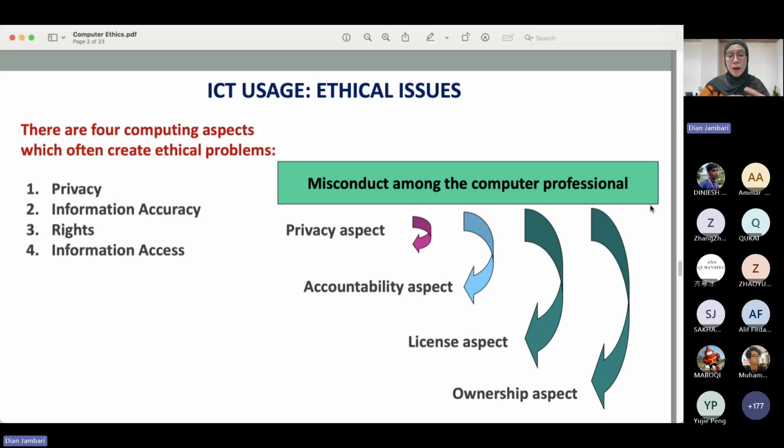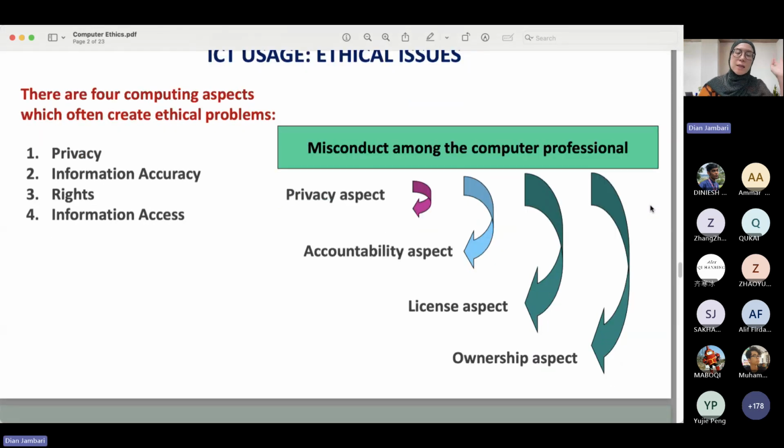But in practice of how ICT is being used, we can still be faced with ethical dilemma, because the use of that IT can also cause potential issues or harm. Okay, so using ICT is good, but at the same time, we can be in a setting where we have a dilemma, okay, ethically.